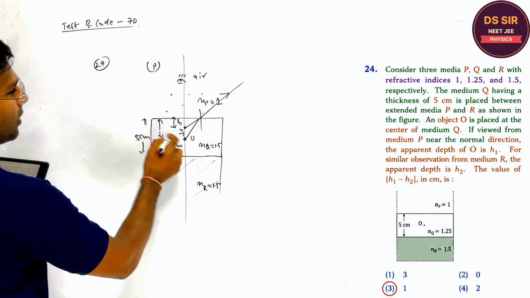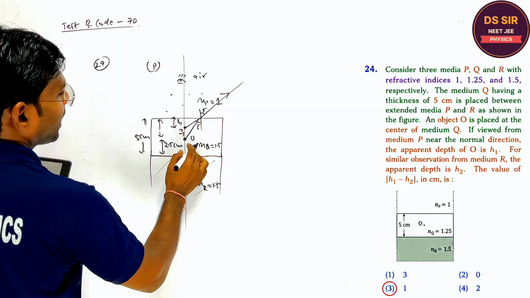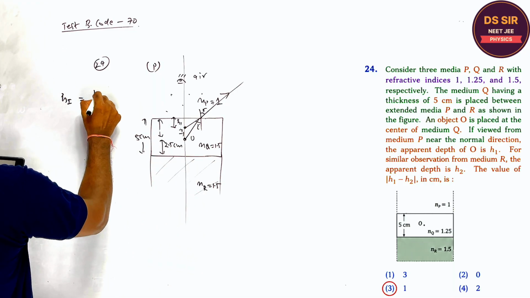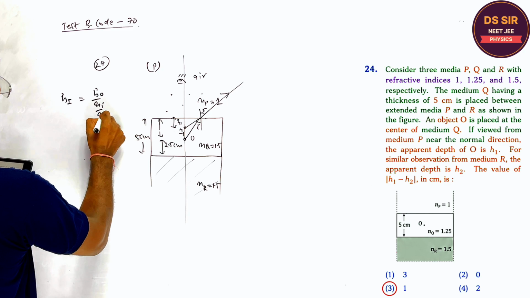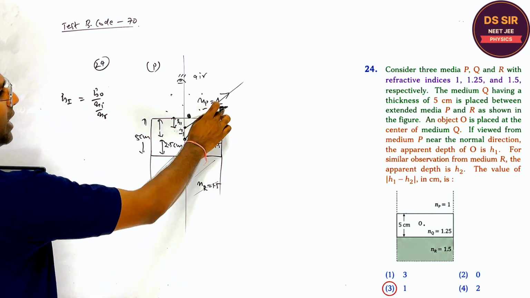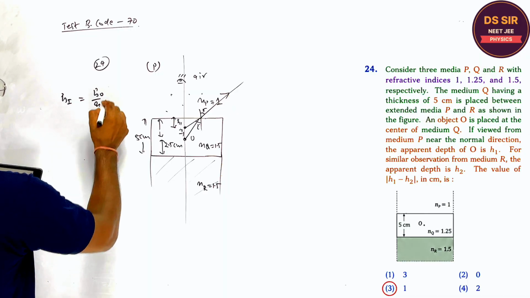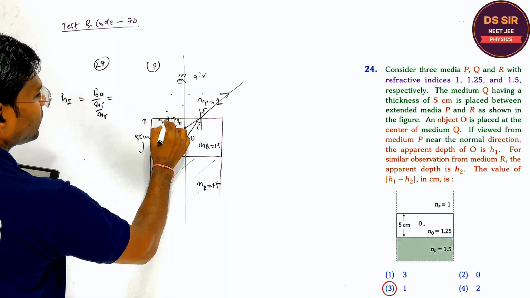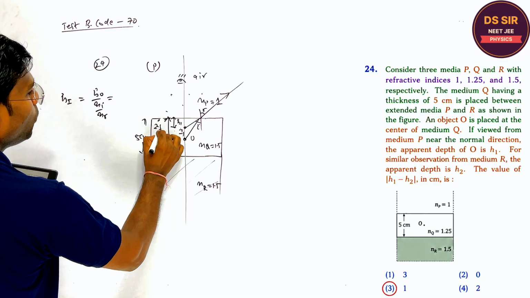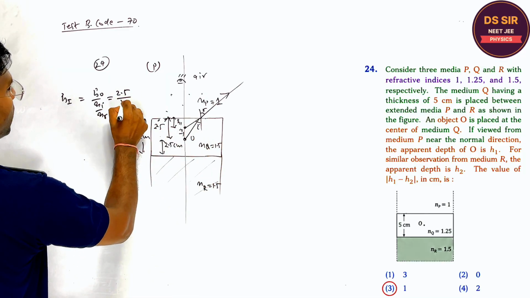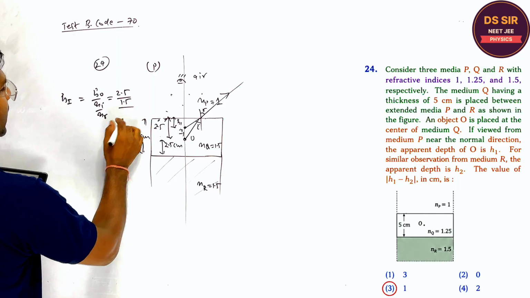If viewed from here, this is the I and this is the R. So h_I is nothing but h_O upon N_i upon N_r. The N_i is the incident medium, 1.5, N_r is the refracted medium, 1, and the h_O is what? The height of this object from this surface is 2.5 centimeter. So 2.5 upon N_i, say 1.5, and N_r on this side is 1.